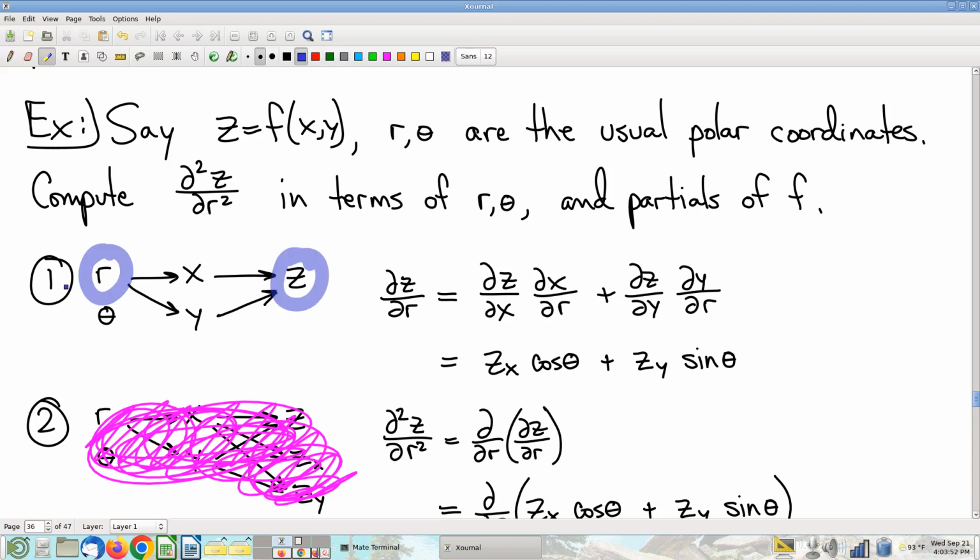And the first partial is easy. Partial of Z with respect to R, there's an intermediate variable X, giving us an X term. There is an intermediate variable Y, giving us a Y term. And boom, there you go. First partial is immediate use of the chain rule.